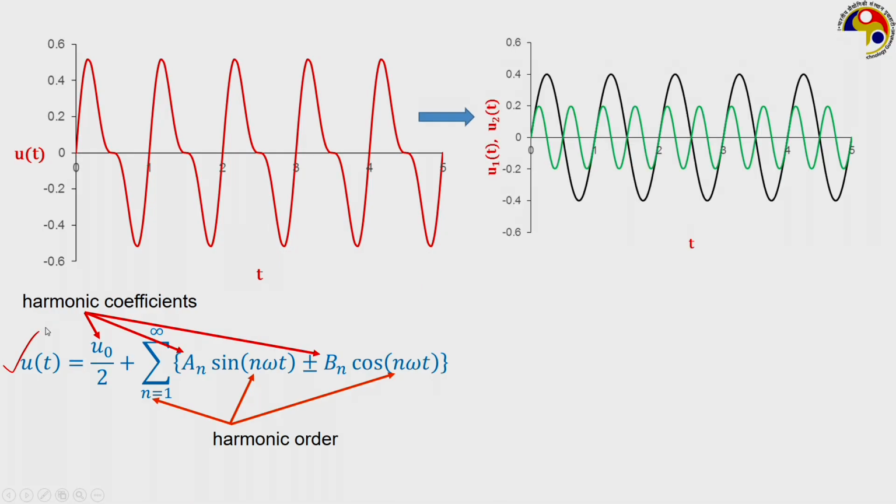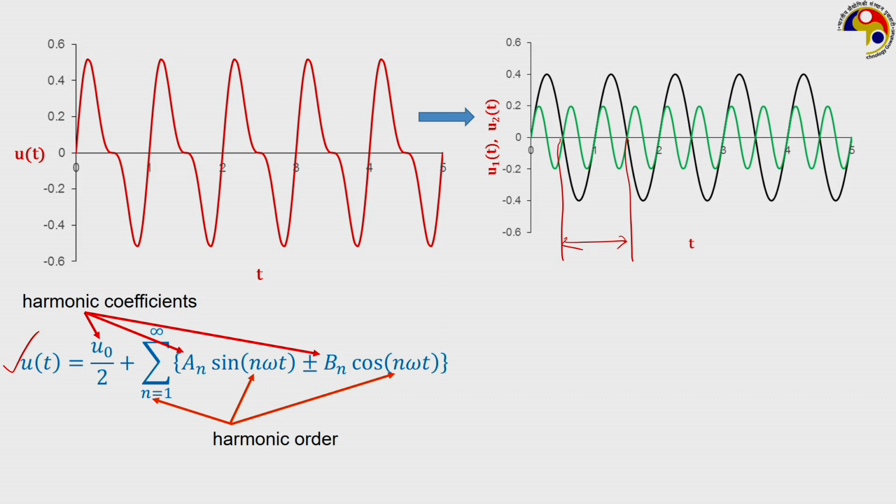Like the example, the signal that we had here is actually a combination of these two signals. One is a red one, another is a green one. We can clearly see their amplitudes are different. And what about the frequencies? If we compare their frequencies, you can clearly see, say for the red one, one time period is this. This is one typical time period. What happened to the green one?